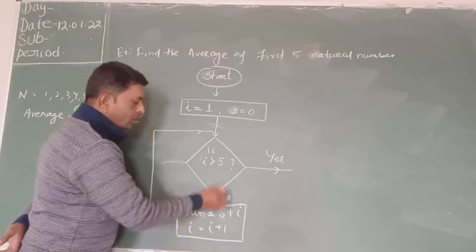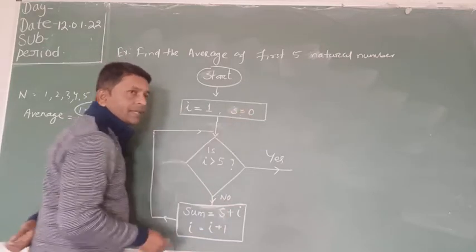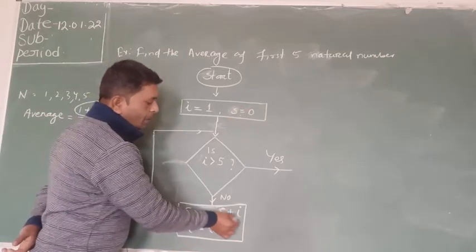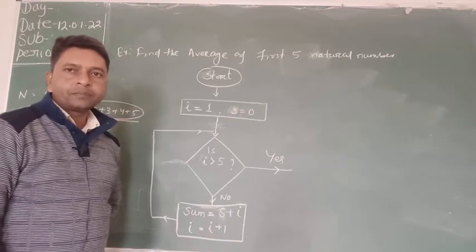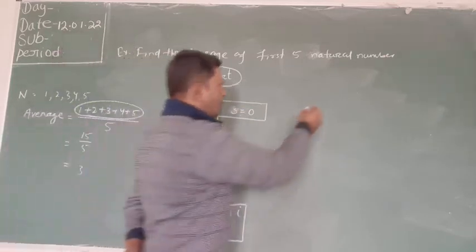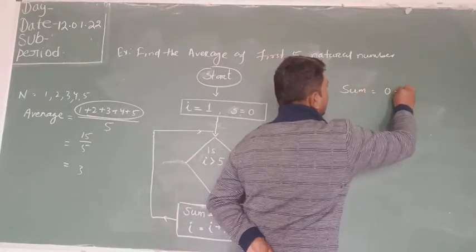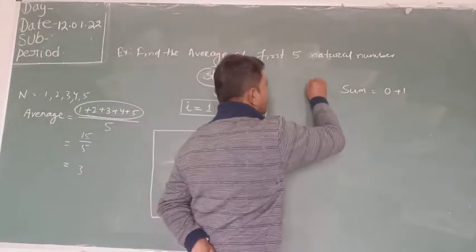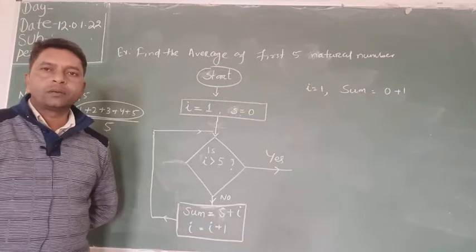It will store the value of sum, initially taken as 0, plus I, meaning 0 plus 1. So sum is equal to 0 plus 1, where I is equal to 1.